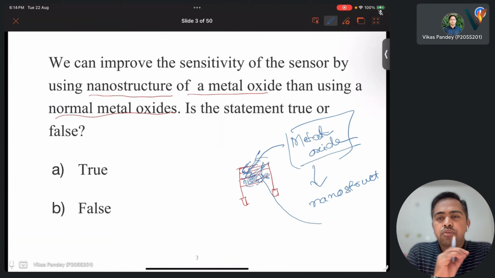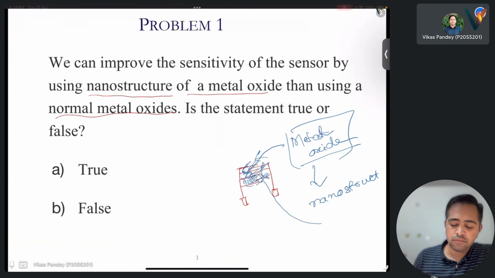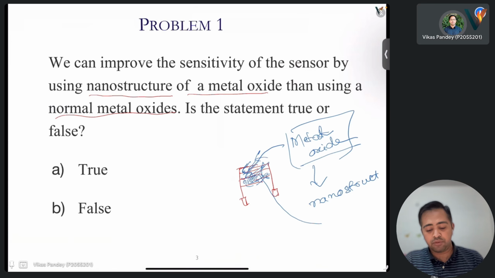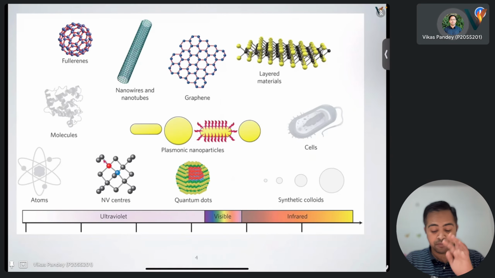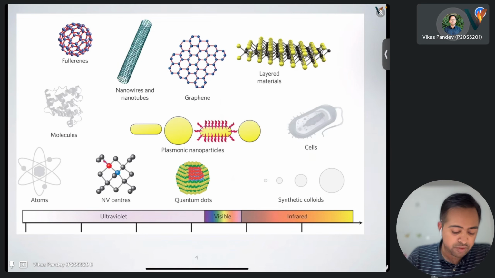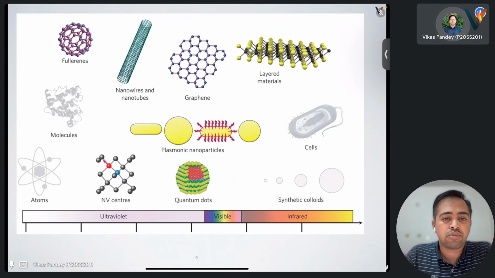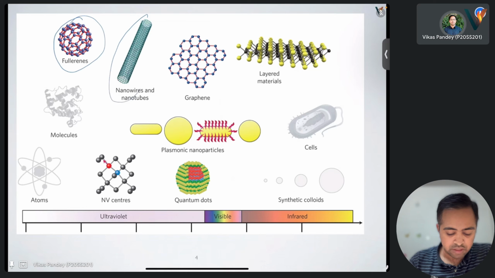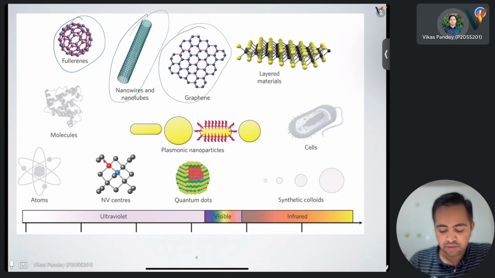To understand it, let's first see the difference between a normal material and a nanomaterial. As discussed in the class also, these are nanomaterials: nanotubes, graphene, single-layered materials.